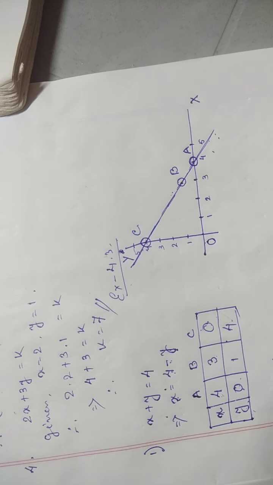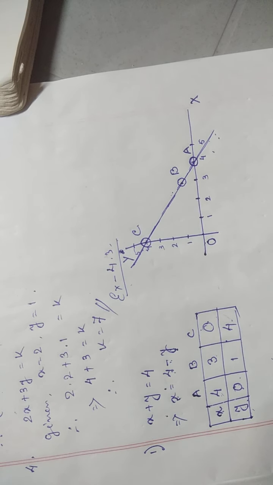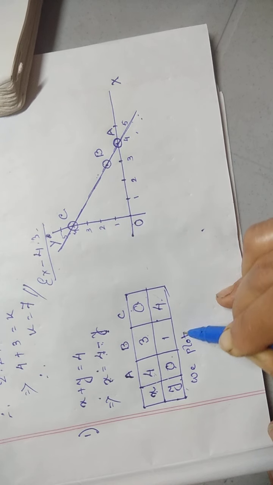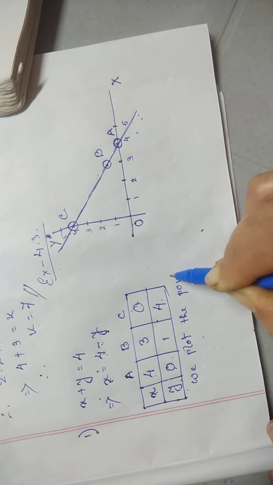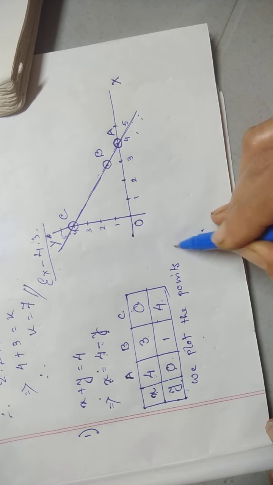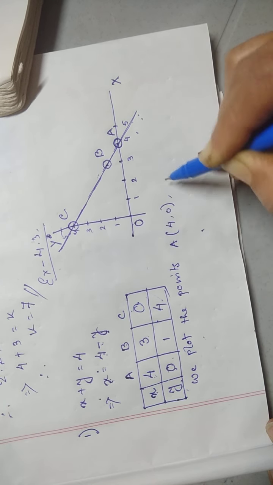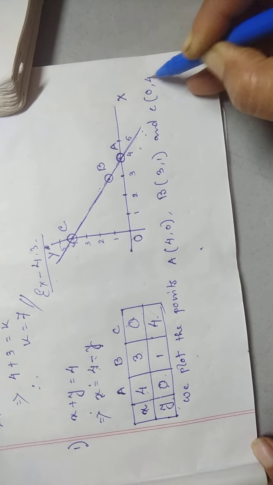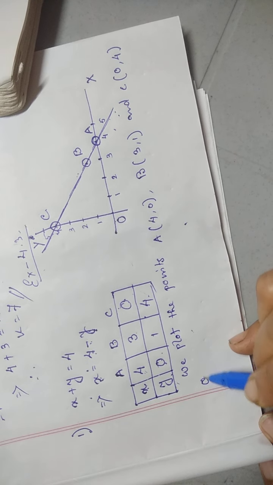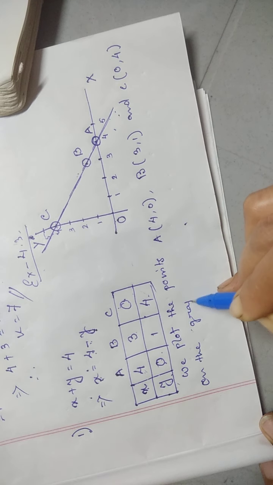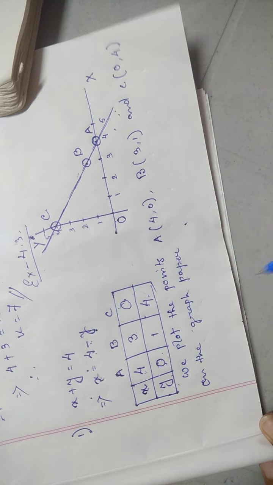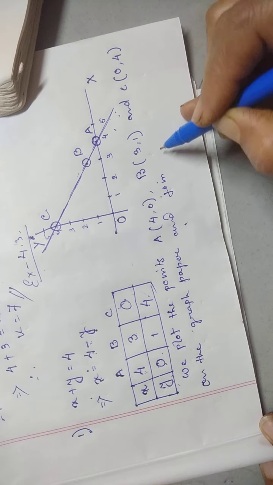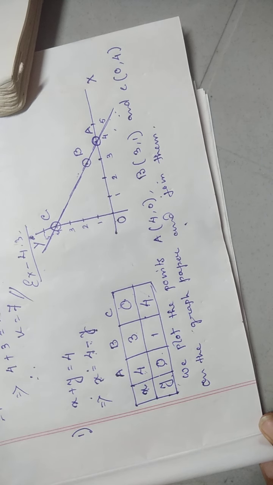After that, you have to write down: we plot the points A (4, 0), B (3, 1) and C (0, 4) on the graph paper and join them.